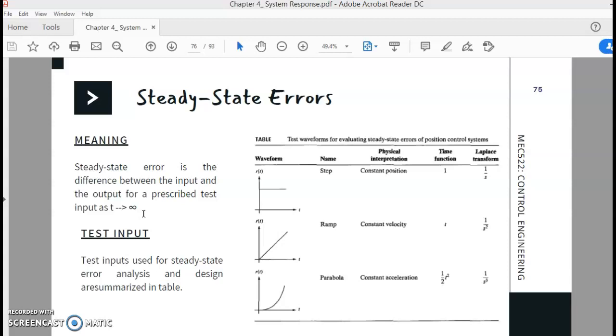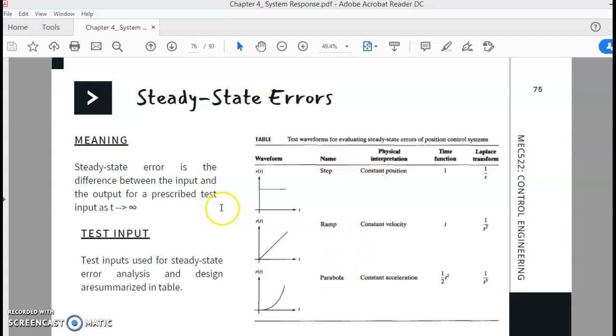For a good system, there are no errors, so we want to overcome the system to make sure the error is zero. To analyze the steady state error, we need to know the input. In our study, we just focus on three inputs: step, ramp, and parabola.